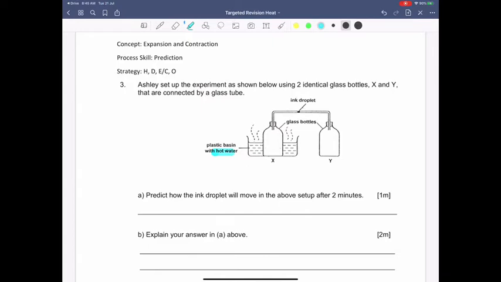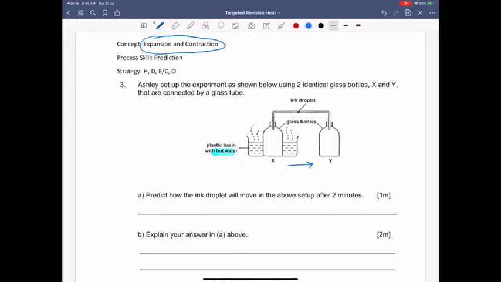What could cause a push would be if something occupies more space, right? So in order to occupy more space, given that you understand the concept on matter well, you know that it has to gain heat. And when matter gains heat, it will expand, causing your ink droplet to be pushed from X to Y. So you know that this concept is going to be on expansion and contraction.